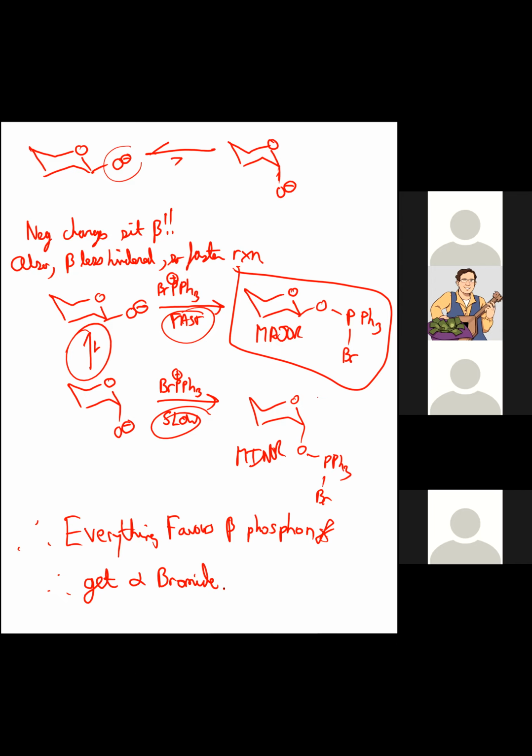One of them is trichloroacetimidates, and the other is this weird thing that you get with double bonds. So we're going to talk through those and see the advantages and disadvantages of these different glycosylation strategies. But we'll start with fluorides next class after we finish up bromides.